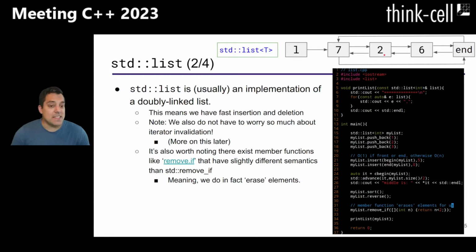So a list is usually implemented in C++ as a doubly linked list, meaning that you can insert a new node quickly. So whether you're pushing back to the end or inserting, as long as you know exactly where you're inserting, maybe you have an iterator, you can insert to that location very quickly.